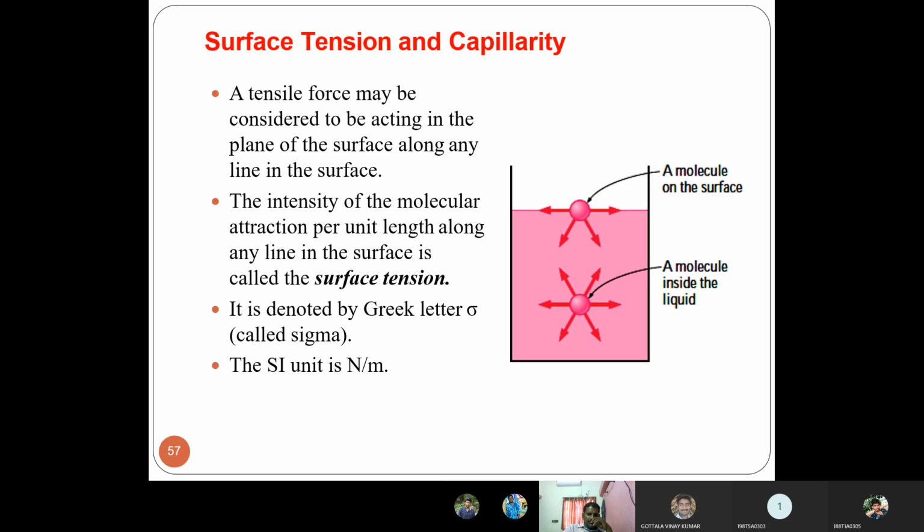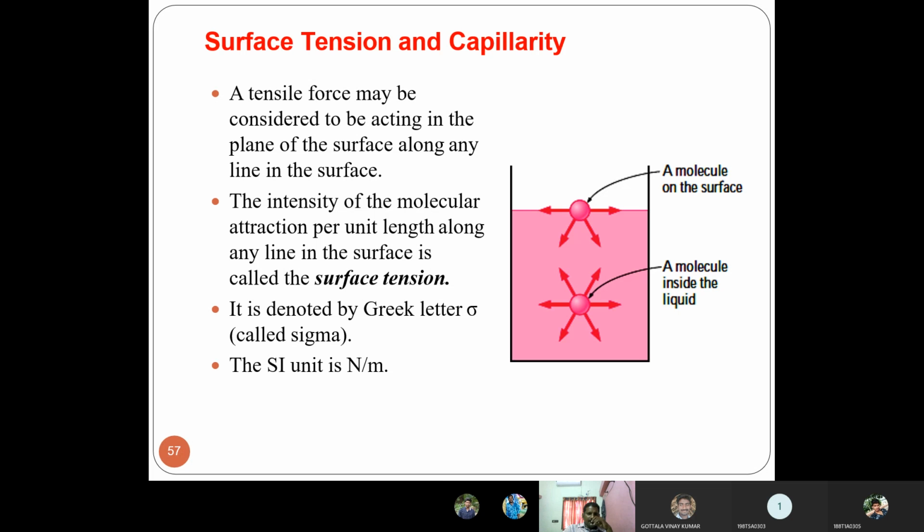The molecule which is submerged in the liquid has attractional force from all sides, because it is surrounded by so many molecules. So the molecule is trying to create bonds with the other molecules to give form structure to the liquid. Understand? So this causes a certain imbalance in cohesive forces.